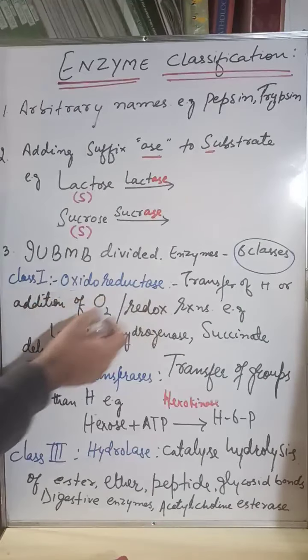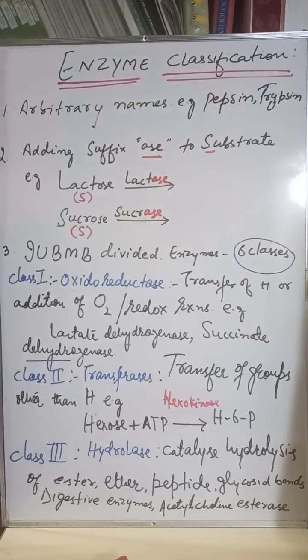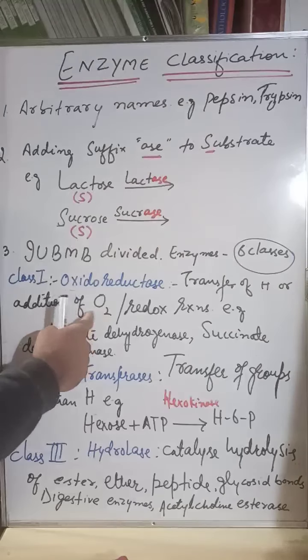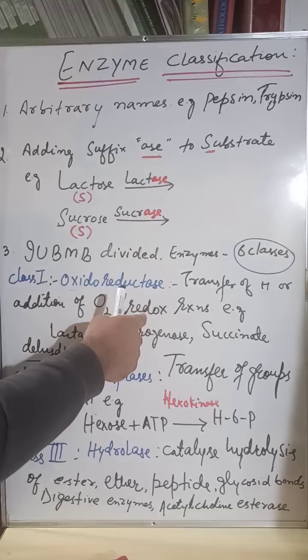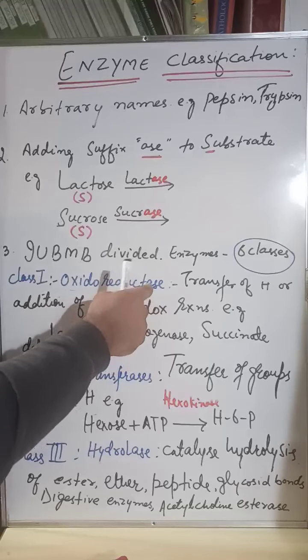This is the class which catalyzes redox reactions. You know very well that reduction is a gain of electrons and oxidation is a loss of electrons. In other words, there is a removal of hydrogen, transfer of hydrogen, and addition of oxygen. So in short, they catalyze the redox reactions, reduction as well as oxidation.